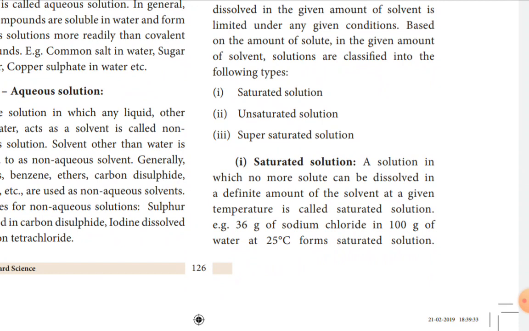So 36 gram of sodium chloride is going to give a saturated solution. You have to understand, no more solid can be dissolved in a definite amount of solvent at the given temperature. The solution reaches its maximum solubility. The maximum solubility, that is called the saturated solution.